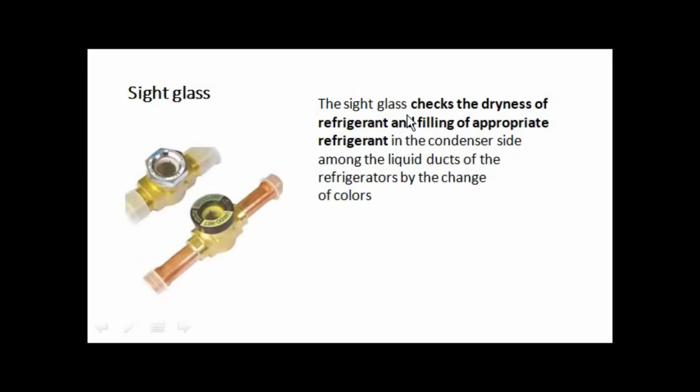The sight glass checks the dryness of the refrigerant and the filling of appropriate refrigerant in the condenser side, among the liquid ducts of the refrigerator, by the change of color. It is where checking of dryness of the refrigerant is done.